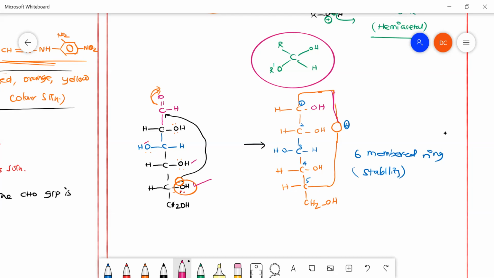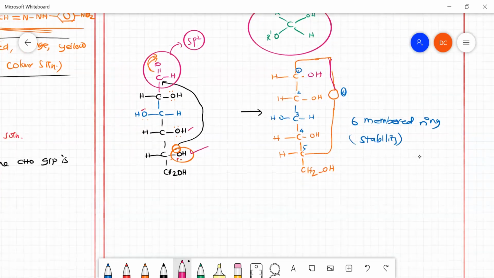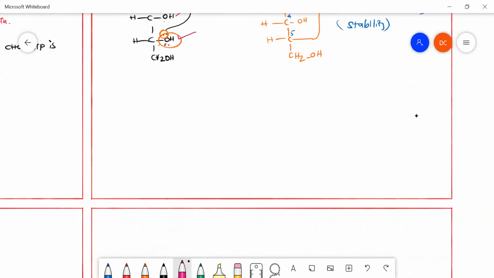Either it can attack because we know that this aldehyde consists of an sp2 hybridized carbon. sp2 means what will be the structure? What is the expected structure for sp2?